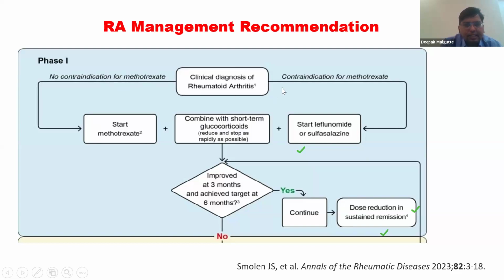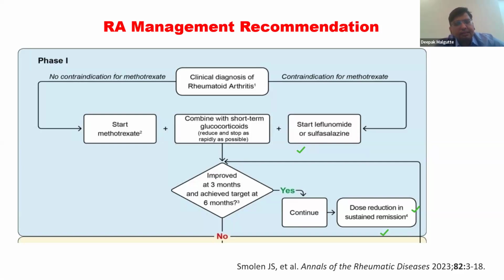And if they have a contraindication to methotrexate, then you can consider either leflunomide or sulfasalazine. And with the initial phase of conventional DMARDs, we can use a short course of steroid therapy with the lowest dose and for the shortest possible time, which will give us initial time to buy.